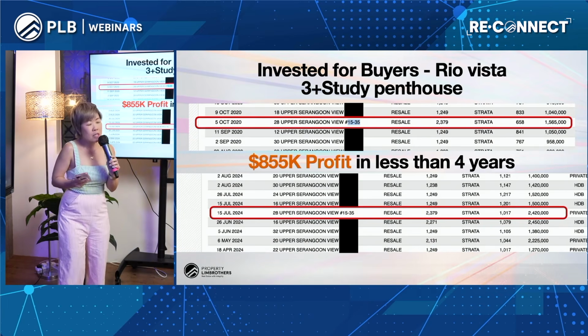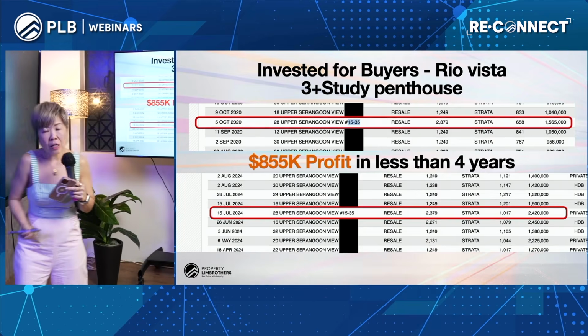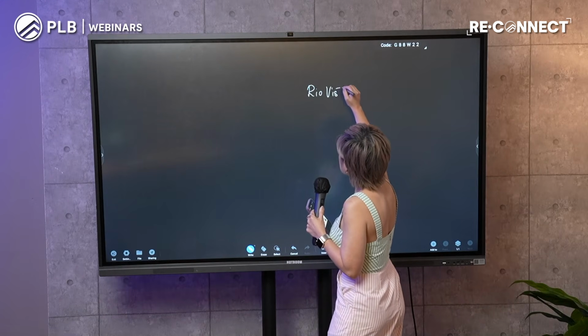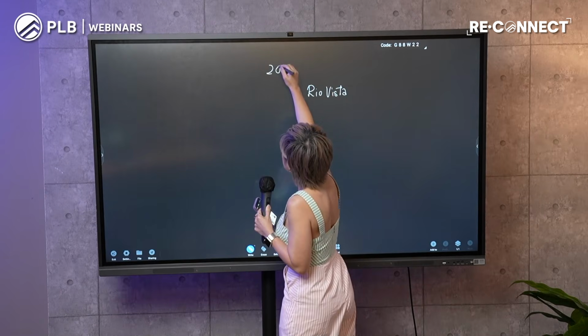Let's take a look at what happened. Let me do the illustration here. Back then we have Real Vista, in 2020.